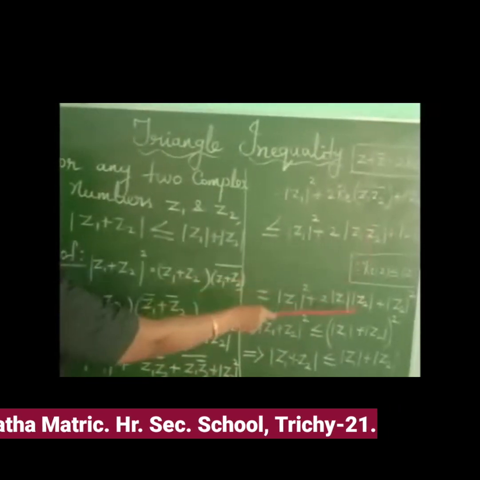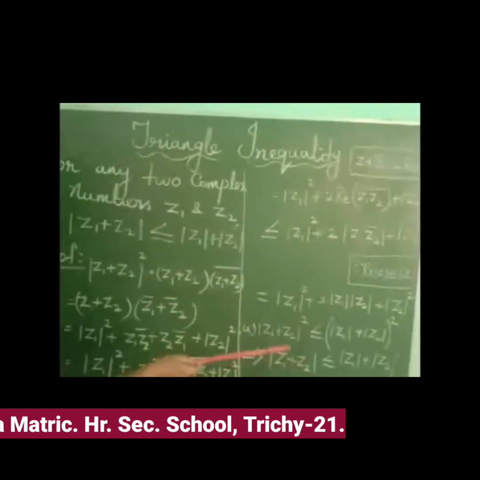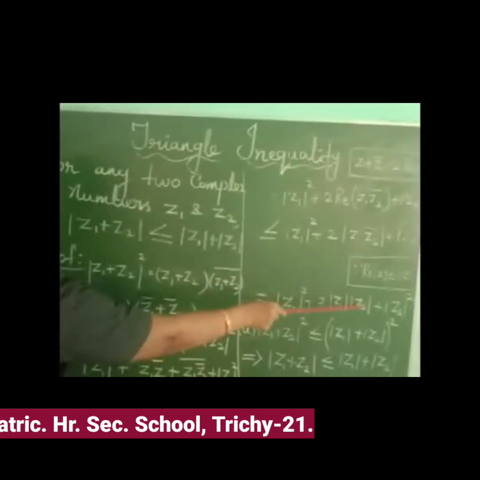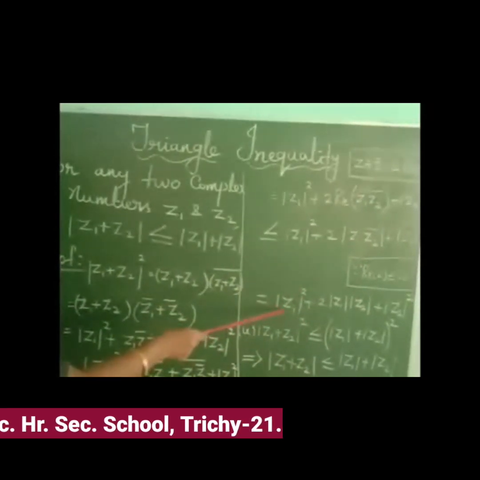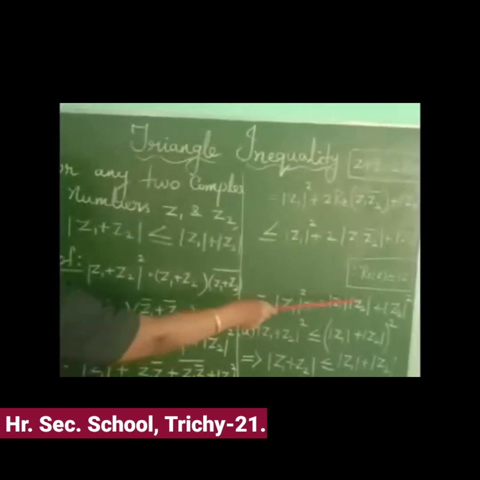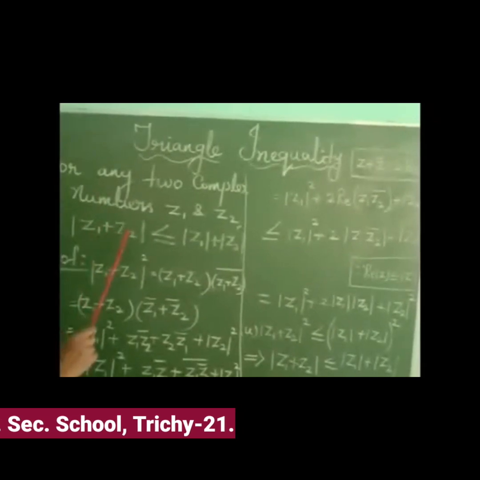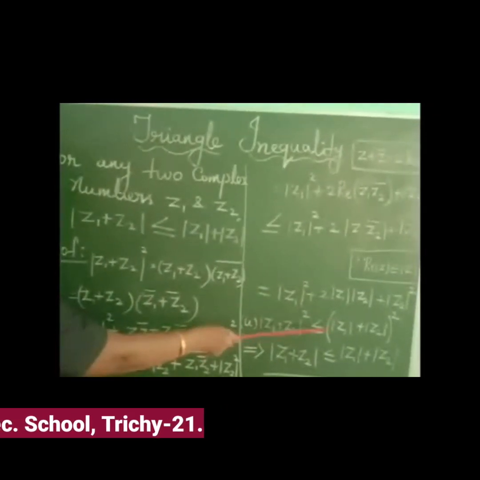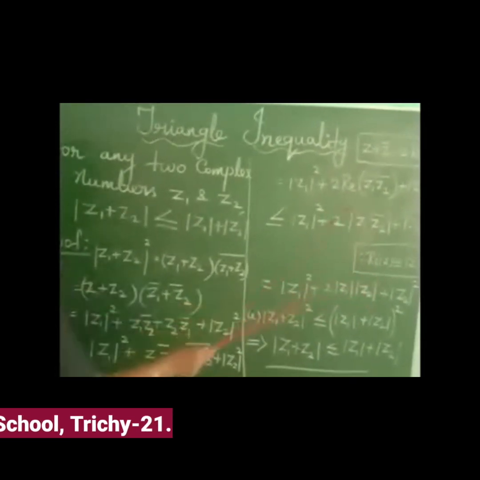The modulus value will not change when you find it for the conjugate; we also get the same answer. So modulus of z2 bar and modulus of z2, these two are the same. So this is in the form a square plus 2ab plus b square. That is, modulus of z1 plus z2 the whole square is less than or equal to modulus of z1 plus modulus of z2 the whole square.